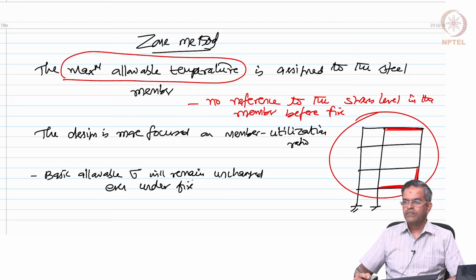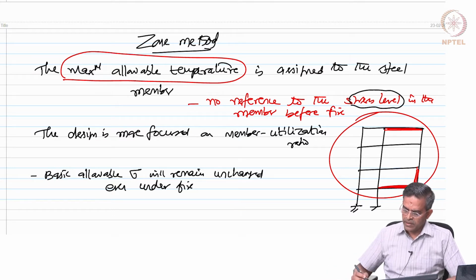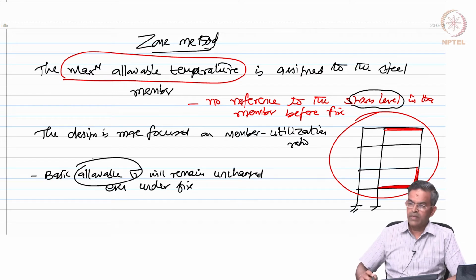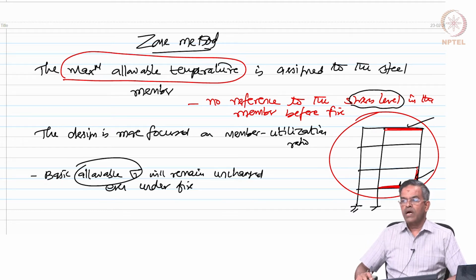That is, the reduction in stress level due to high temperature is not accounted in the design as the allowable value. Okay. They remain unchanged. So, this method is focusing only on certain members which have high proximity of fire, where the probability of fire occurrence is higher. So, that is why this method is called zone method.